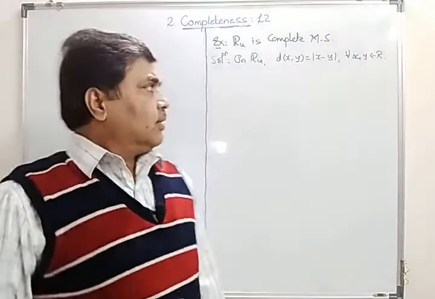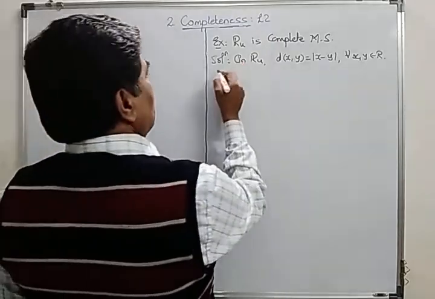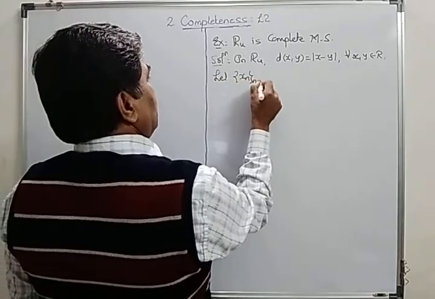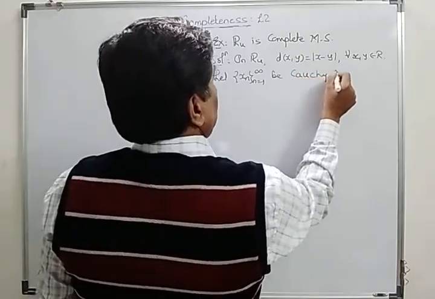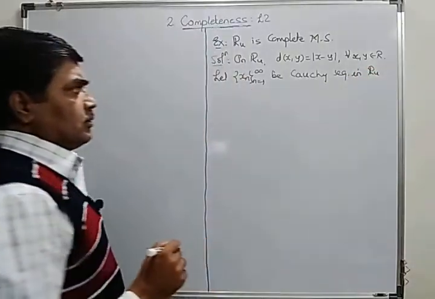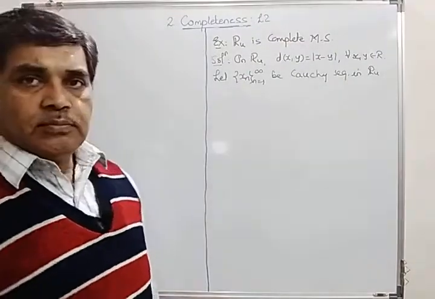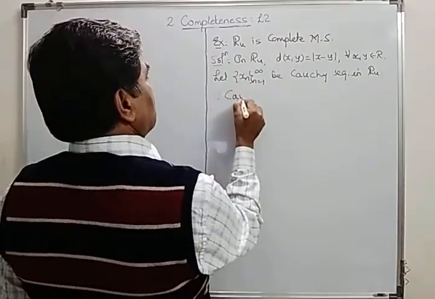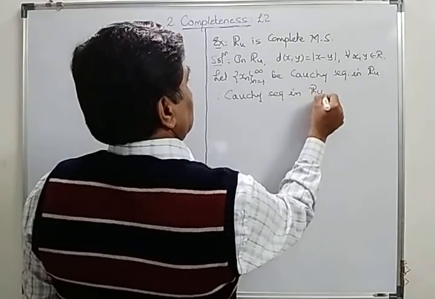Now take (x_n) to be any Cauchy sequence in R. So let (x_n), n = 1 to infinity, be a Cauchy sequence in R_u. We know that every Cauchy sequence in R_u is bounded.